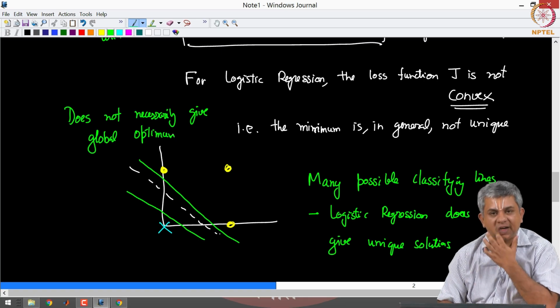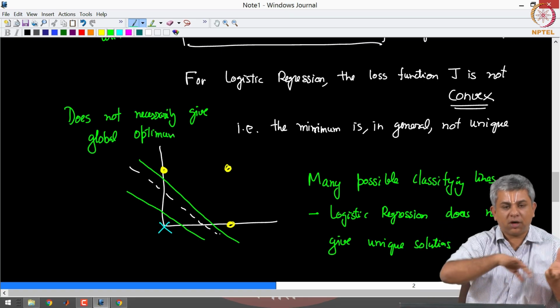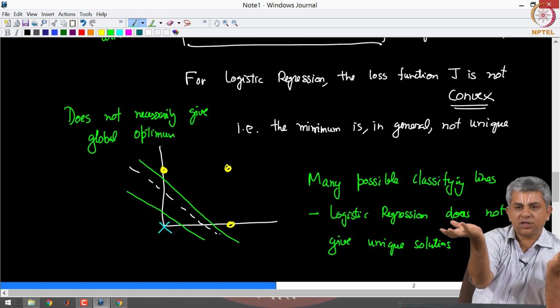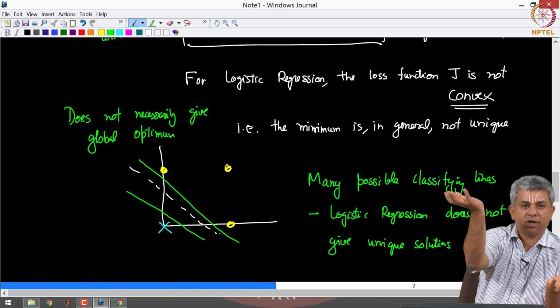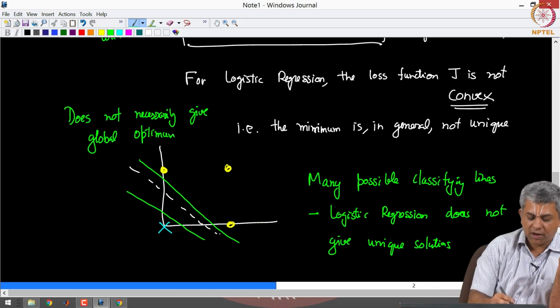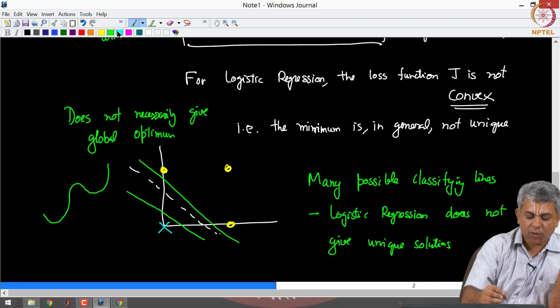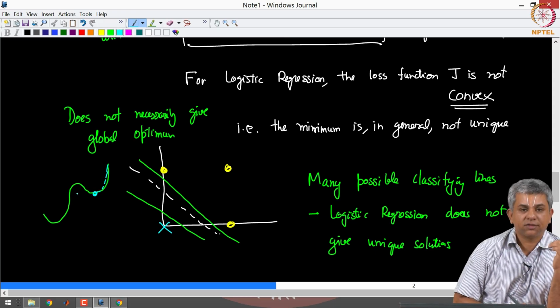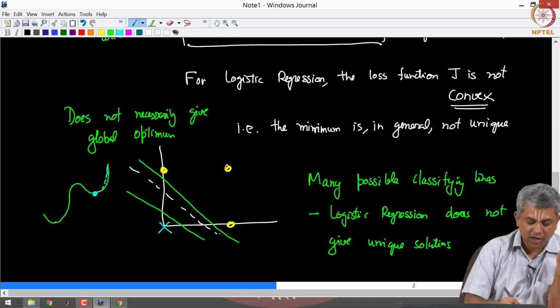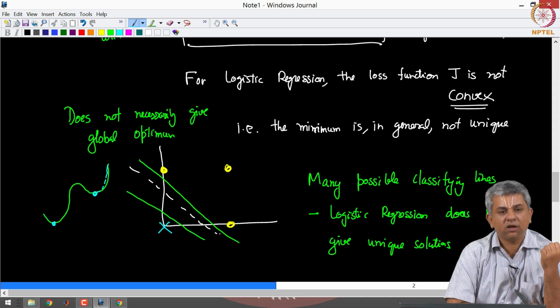So, in gradient descent, let us say you have two local minima. At one place your gradient is 0, at another place also your gradient is 0. For example, if you have something of this sort, it is quite possible that your gradient descent comes here and gets stuck, okay, and does not move from there, rather than come here, which would actually be the global optimum.